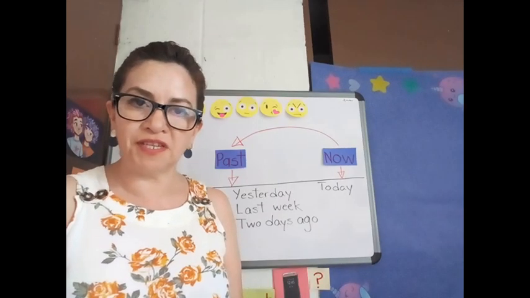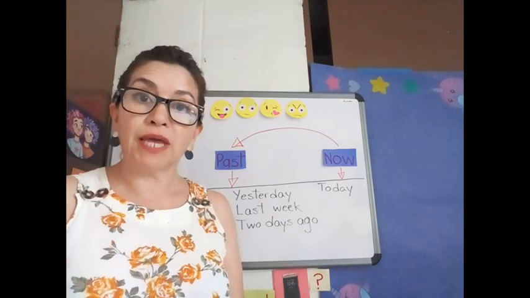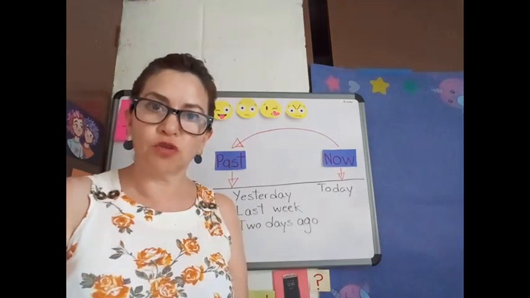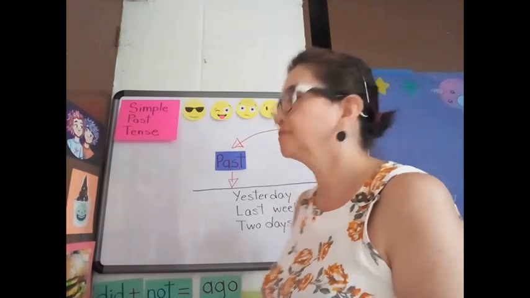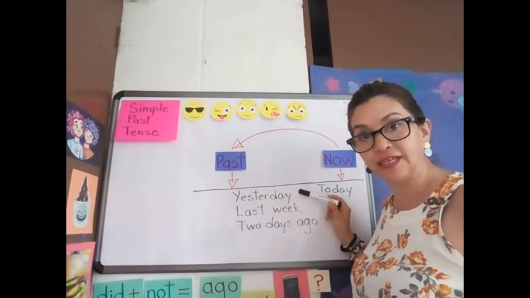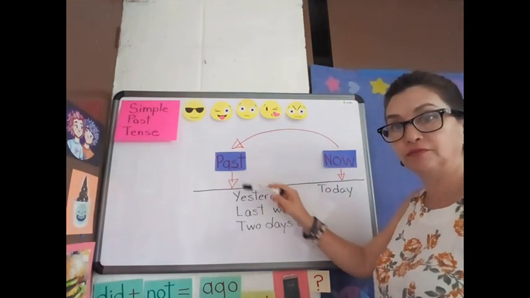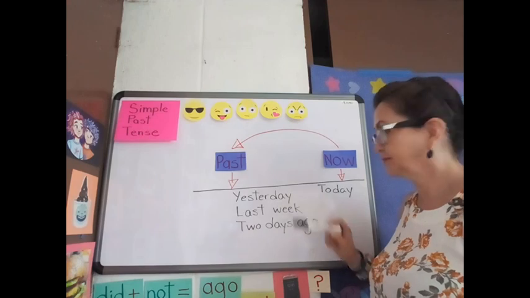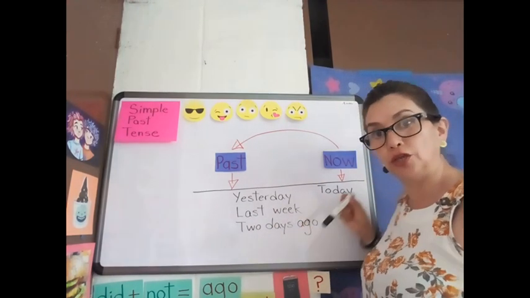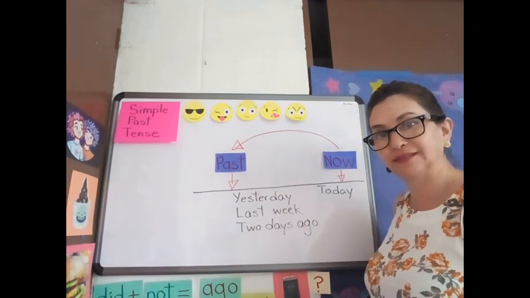When we use the simple past tense, it is very good to have some useful time expressions. Let's see some examples. We have the time expression yesterday. The day before now is yesterday. Or last week. Not this week, but last week.